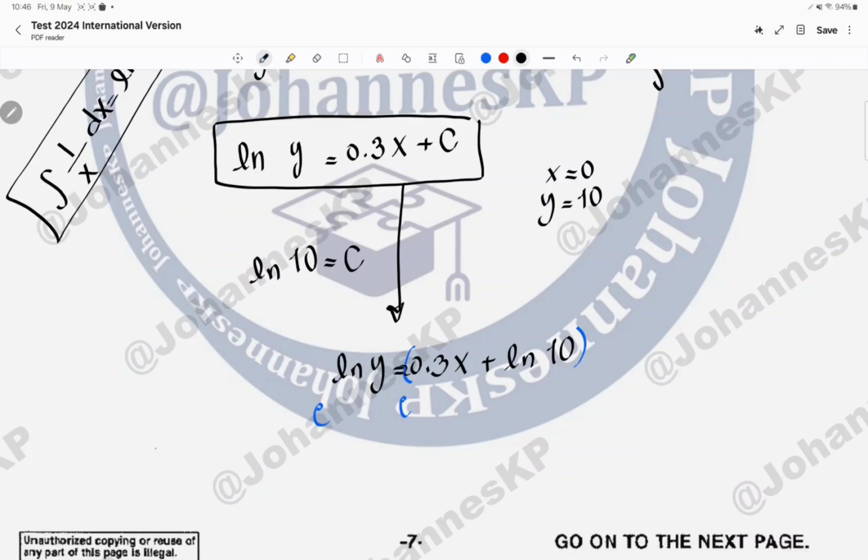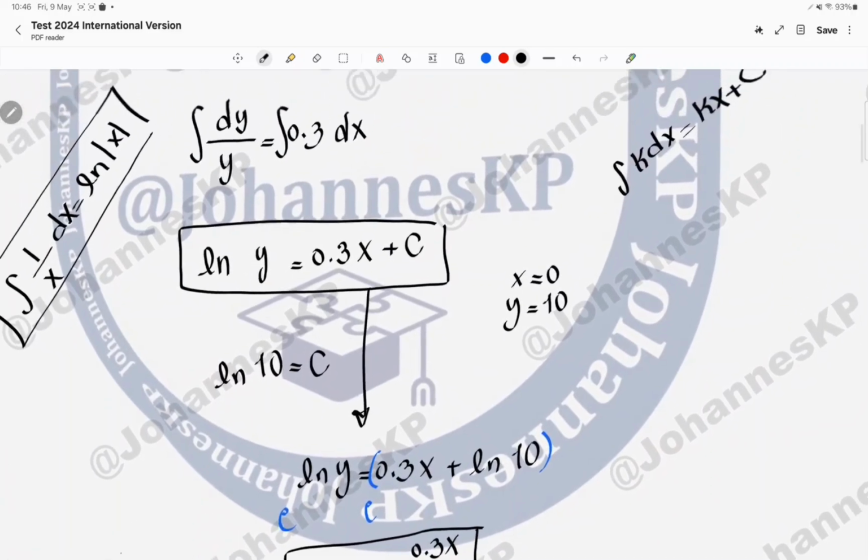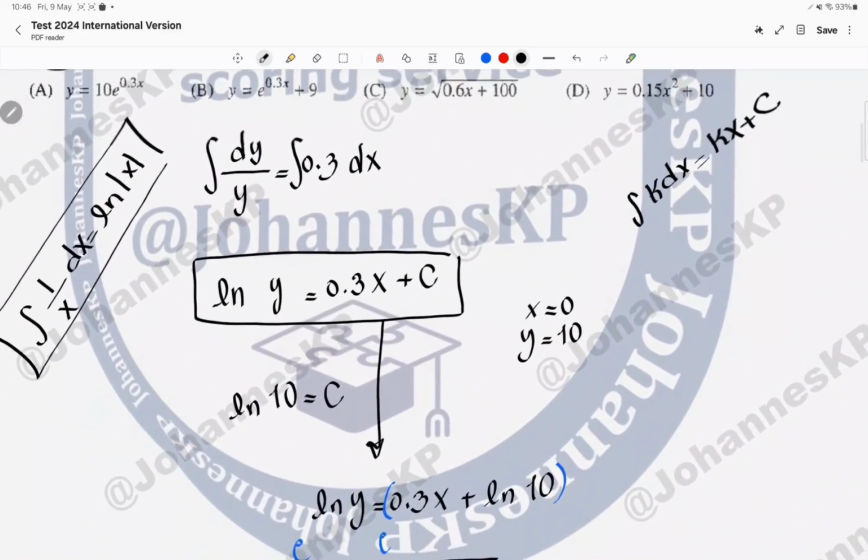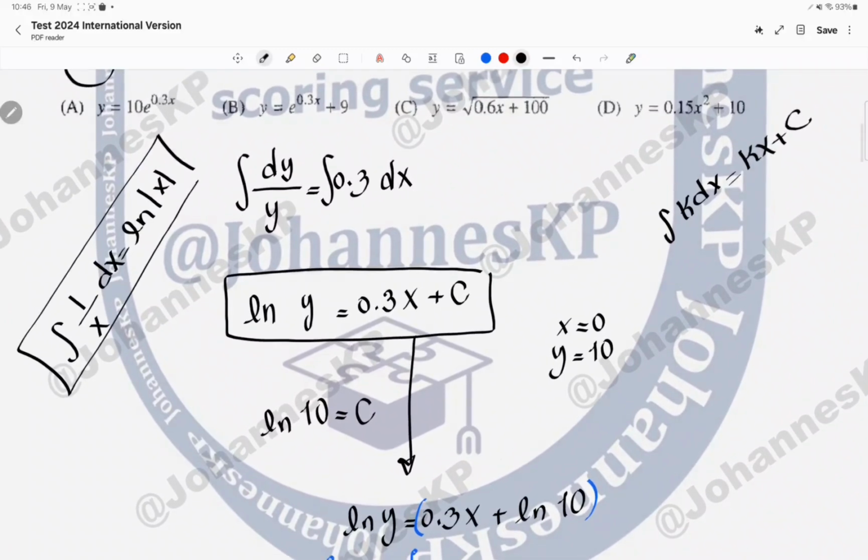So, e to the power of ln y, the e and ln go away, you get y. Here, e to the power of ln 10, the ln will go away and the 10 will come down. But the e will stay for the 0.3x. That's going to be our equation. y is equal to 10 e to the power of 0.3x, which is A.